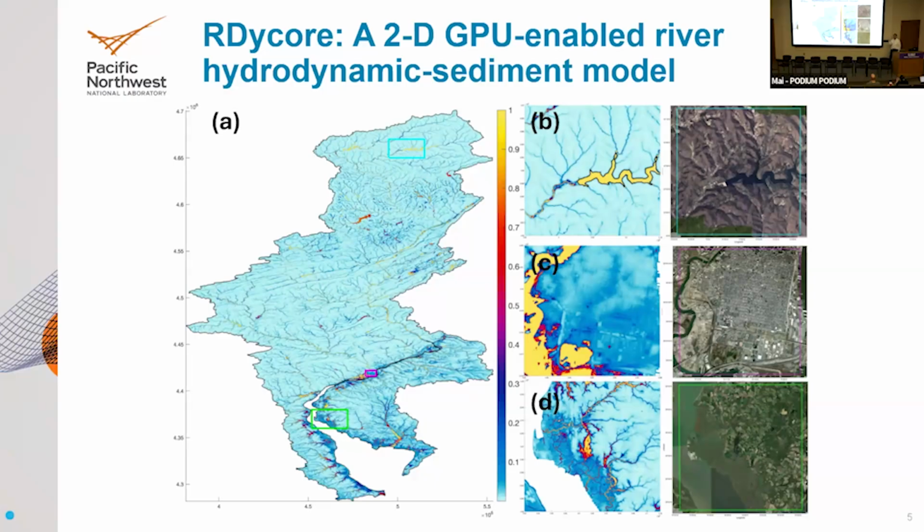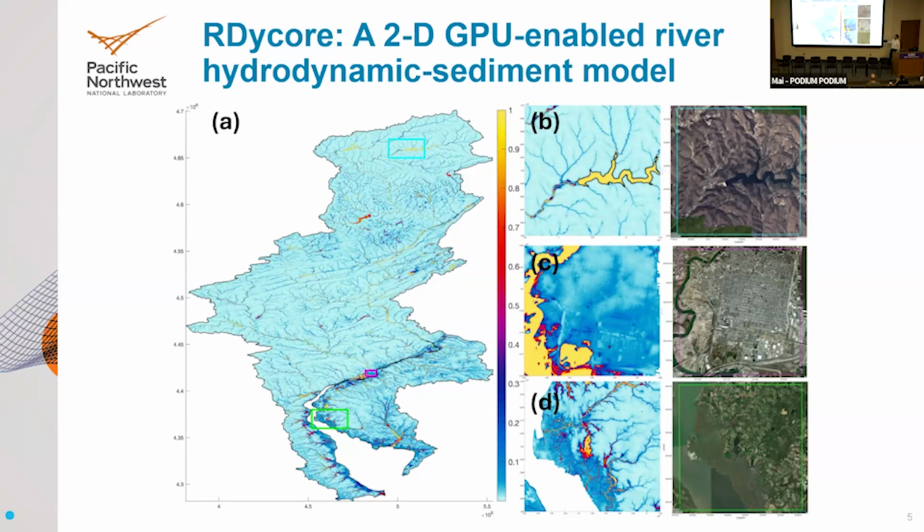The top row is a reservoir here, the middle row is the urban area here, and the bottom row is the salt marsh here. The right panels show the satellite images of these 3 specific regions. You can see where they are.